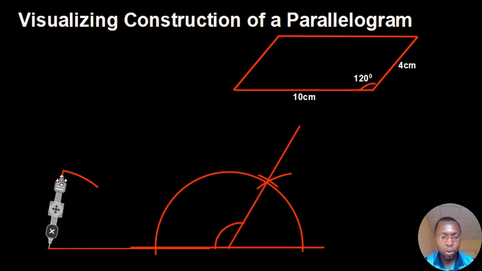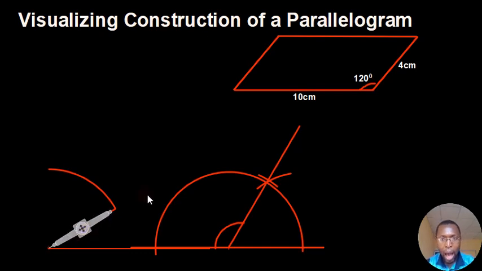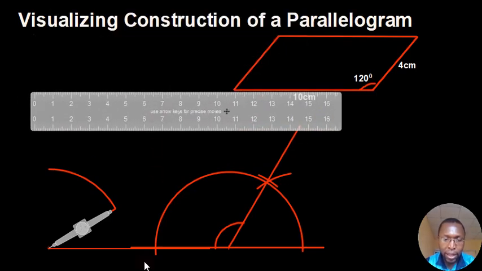Your arc should be long enough. So make a long arc so that it can be intersected by the second arc. So I make a long arc this way. Then I will now bring my ruler again to get my 10 centimeters. No, you remember that 10 centimeters have to be up also.